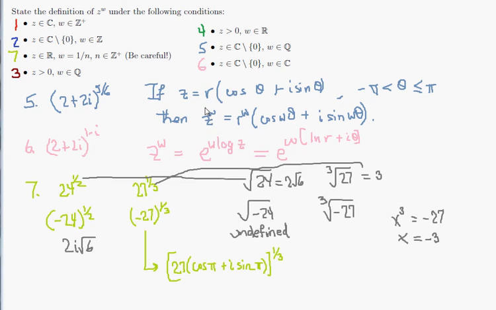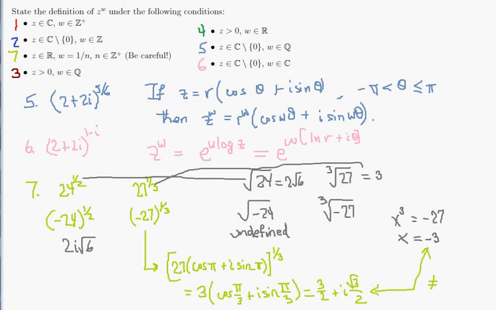And so by the definition up here in the bluish color, that's equal to the cube root of 27, 3, times the cosine of pi over 3 plus i sine pi over 3, which is 3/2 plus i square root of 3 over 2. And clearly, these two things are not equal.